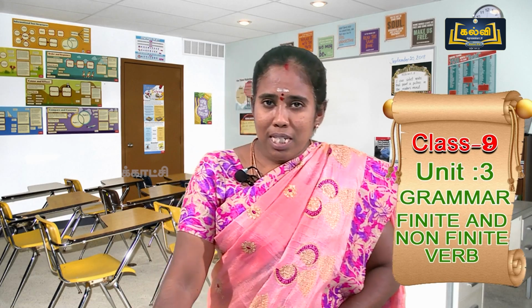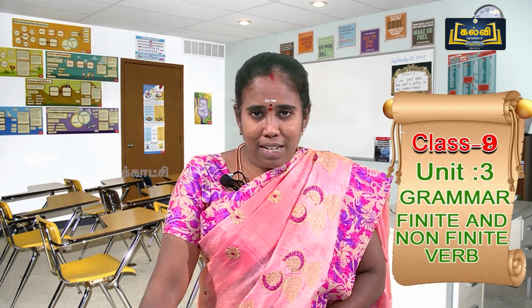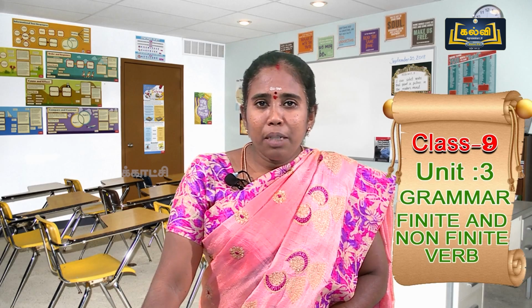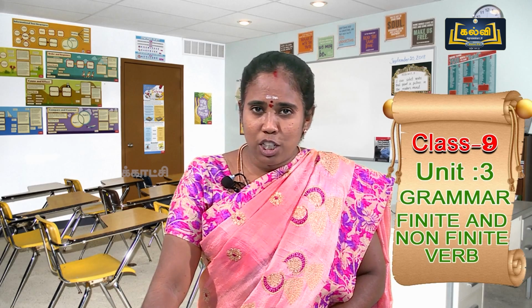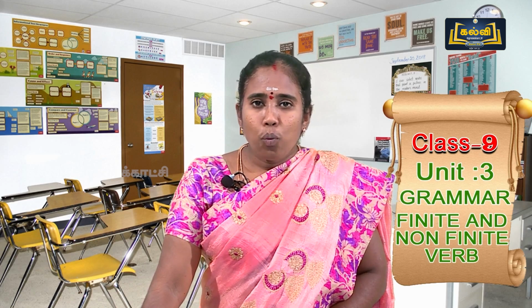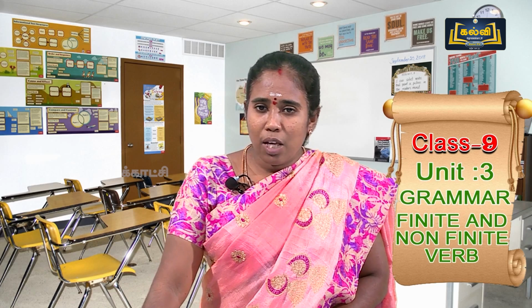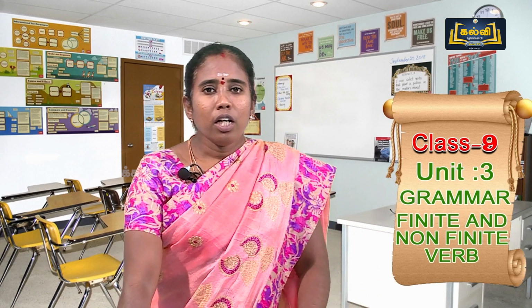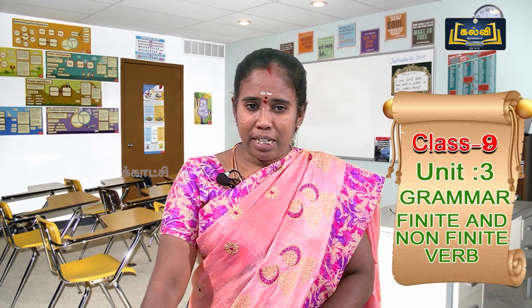Once again, we have to recall the subject-verb agreement. Do you know what subject and verb agreement is, children? Yes, I will explain. In third person singular, that is he, she and it, in present tense, we add s, es or ies to the verb form. I run every day.